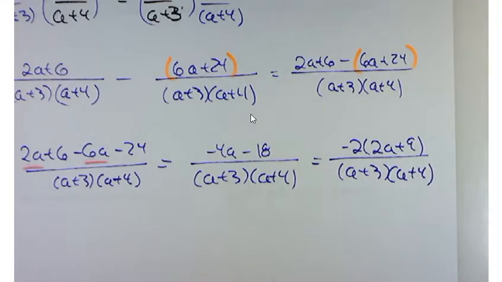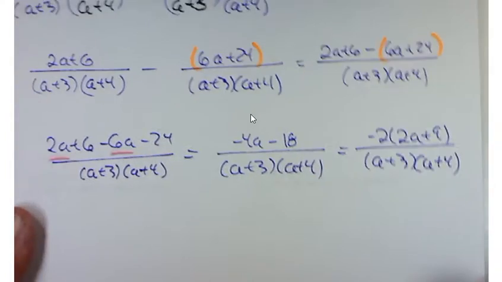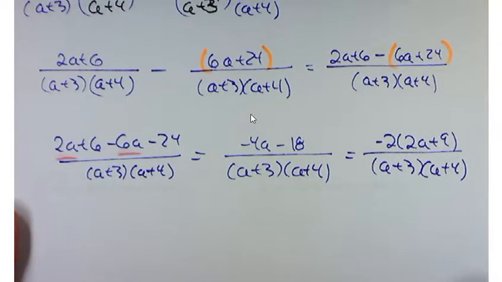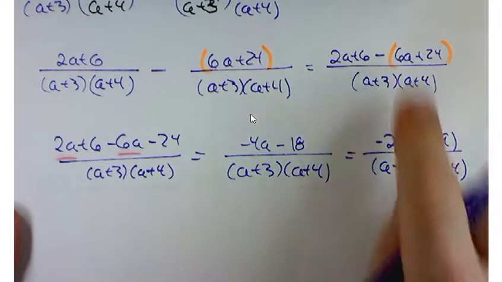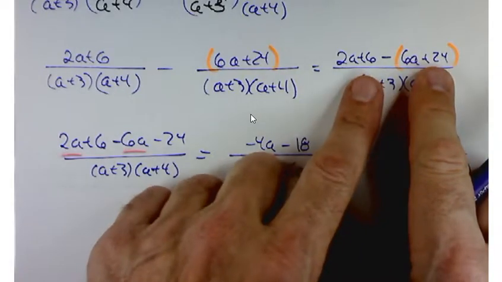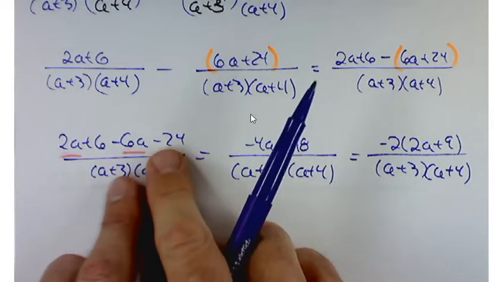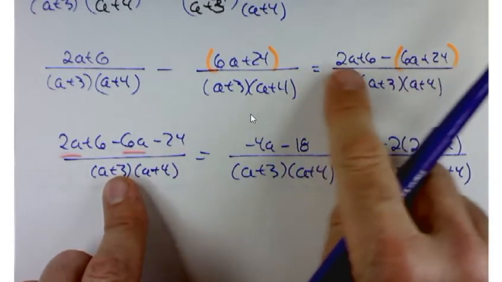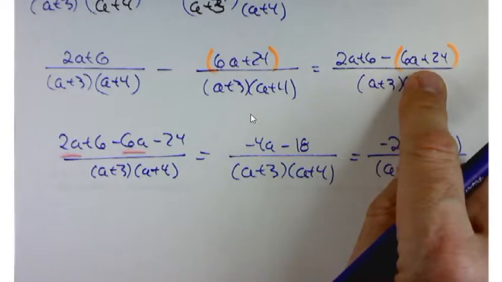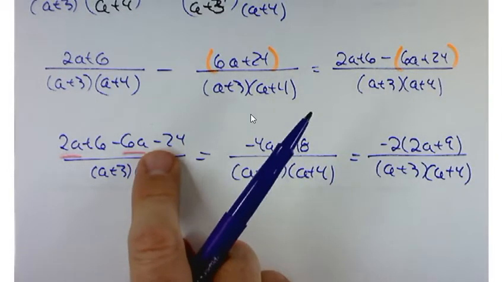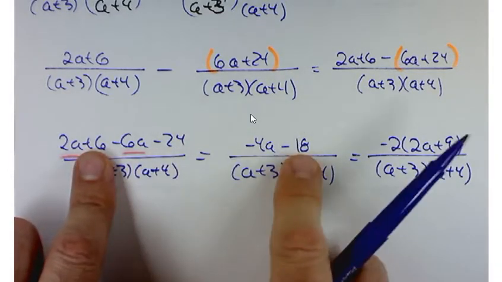Kira? Yes. But you would have had a plus 24, which would have given you a 30 here. So if you didn't have the parentheses there, if you didn't distribute that correctly, that'd be plus 24, and you would end up with 30.